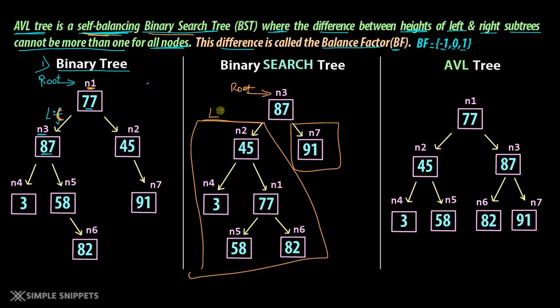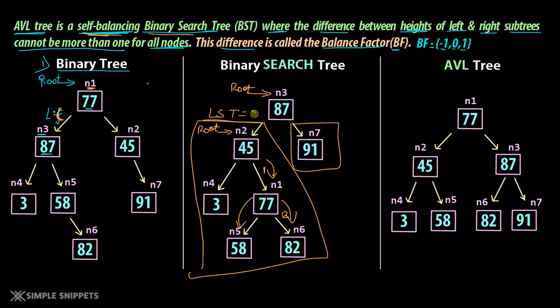The height of the left subtree is the longest path from the root node. For the left subtree n2 is the root node, and the longest path is from n2 to n1 and n1 to n6, or n2 to n1 and n1 to n5. In both cases we have 1 and 2.